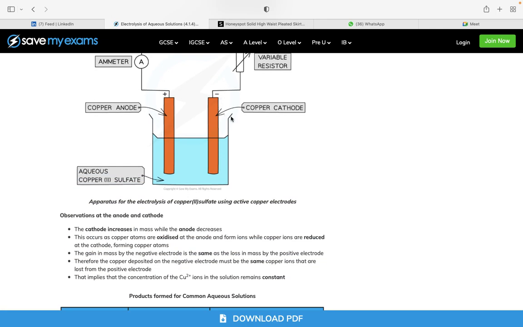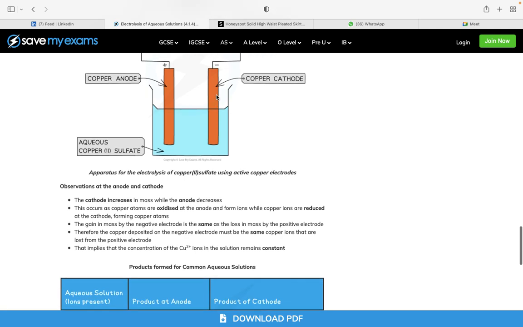So there's more mass here at the cathode than at the anode. The gain in mass by the negative electrode is the same as the loss in mass by the positive electrode. So whatever is gained here is what is lost here actually. You lose some mass, then it's added up here. Therefore, copper deposited on the negative electrode must be the same copper ions that are lost from the positive electrode.